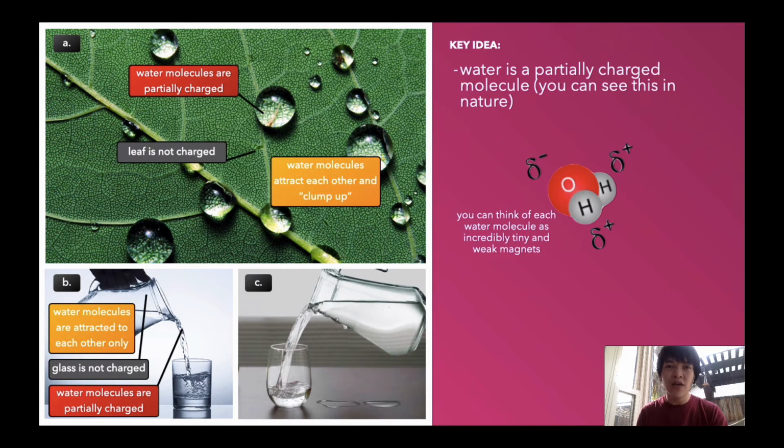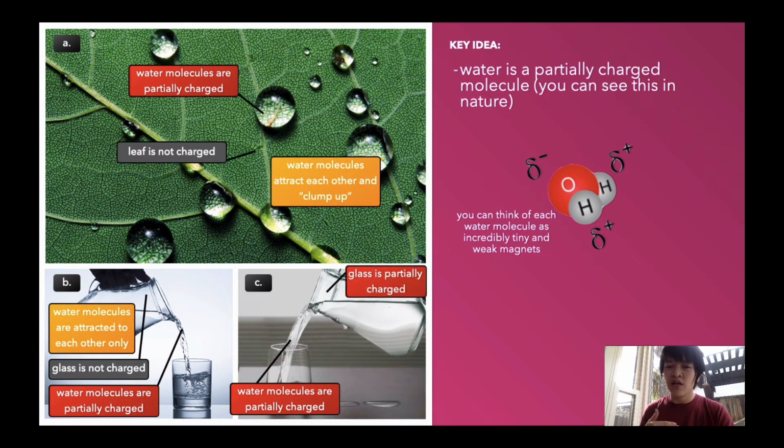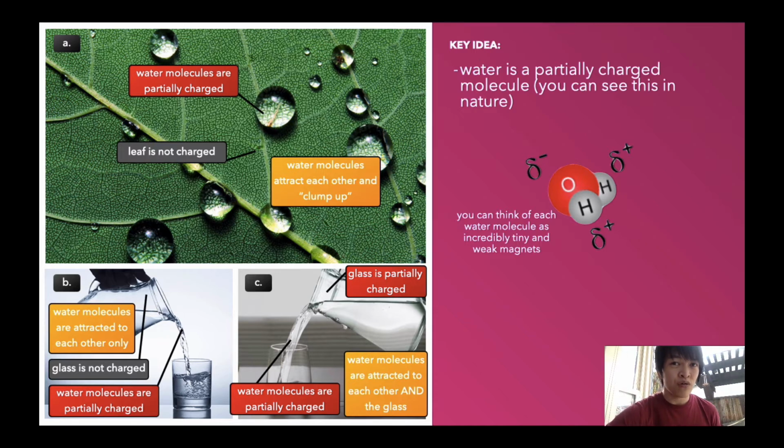nicely, okay? In example C, the water molecules are also partially charged, but the glass in the pitcher is actually manufactured differently. The glass is made of a resin or a component that is partially charged. So that means that the water molecules are attracted to other water molecules, but they are also attracted to the glass, because the glass is also charged.